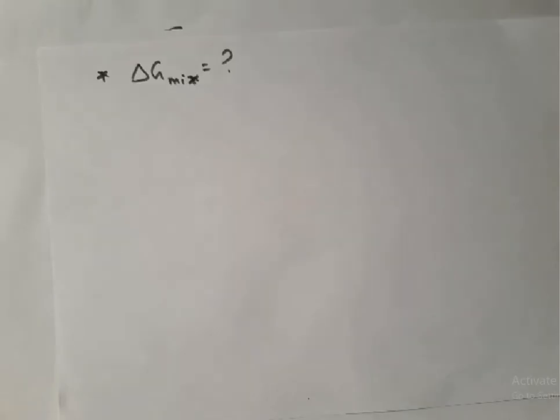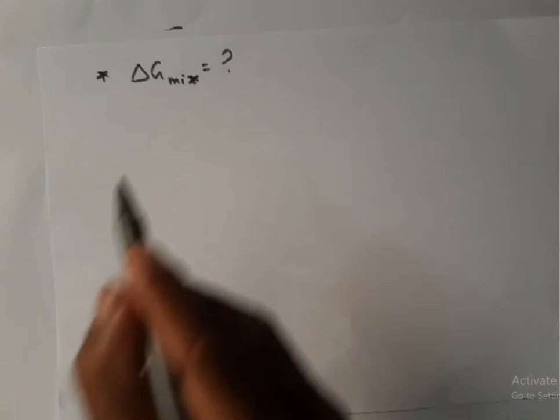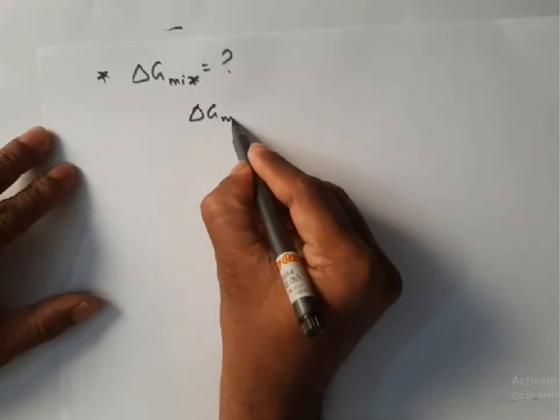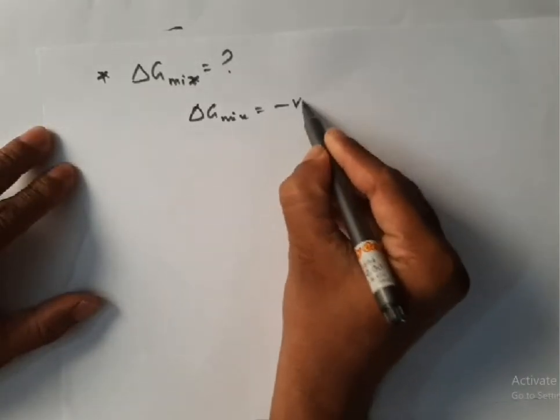Suppose A and B do not mix and form separate layers. In that case delta G mixing is not negative, because there is no solution. But if you mix liquid A and liquid B and get a homogeneous solution, that means the process occurs spontaneously. Whenever the process occurs spontaneously, delta G mixing should be negative.